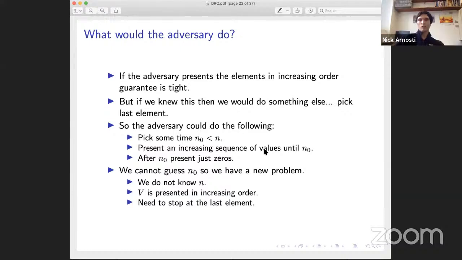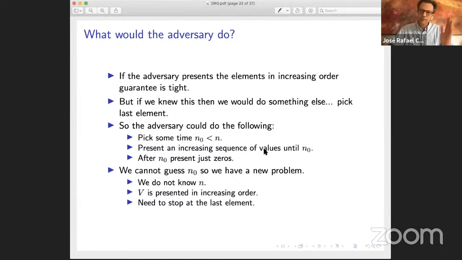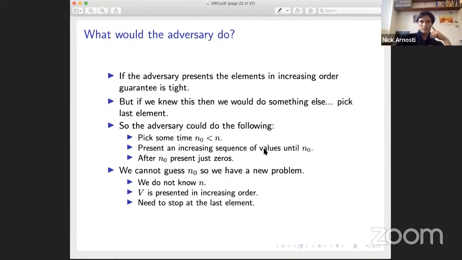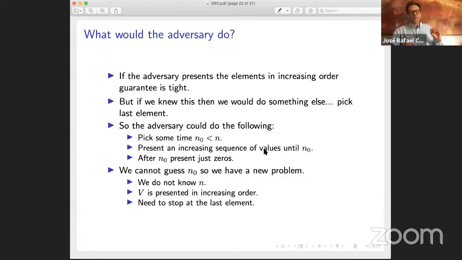But then n0 would depend on the set S, right? A little bit, yes, but you still don't know it as a player. Yes, I agree with you, Nick. Thank you for the clarification.